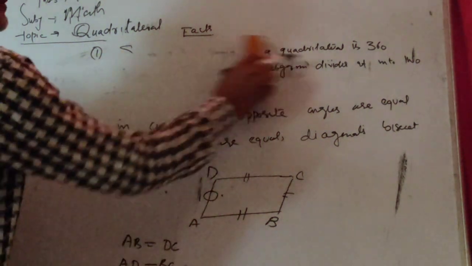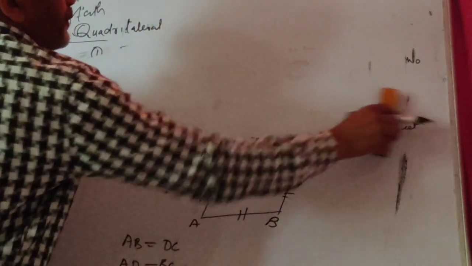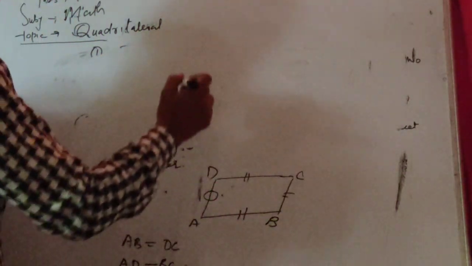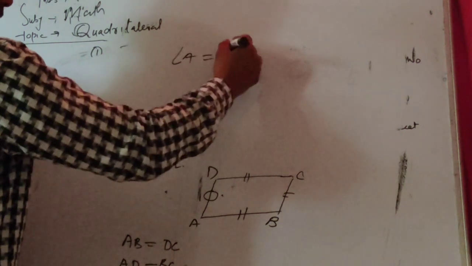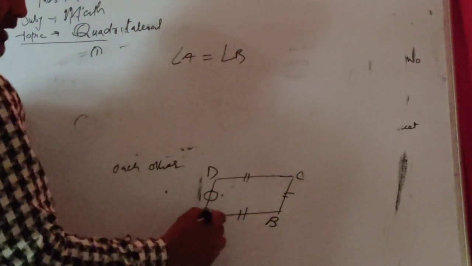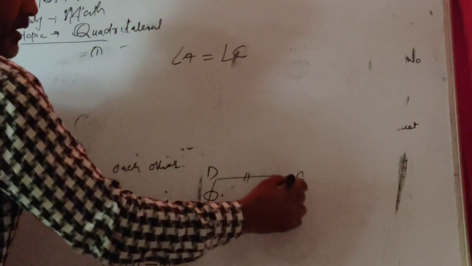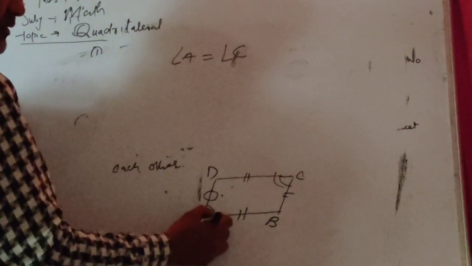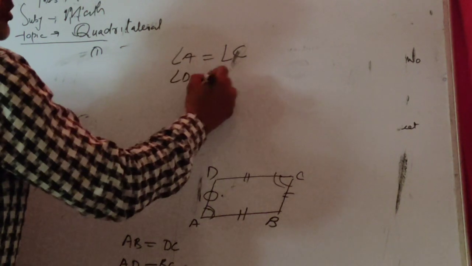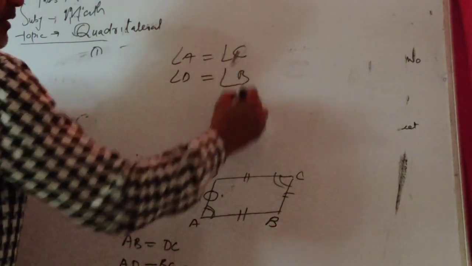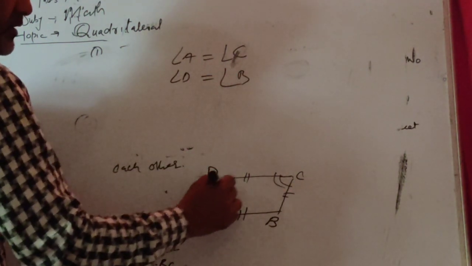Also, opposite angles are equal. Say angle A is equal to angle C. Sorry, opposite angles are equal. Angle D is equal to angle B. These two angles are equal.